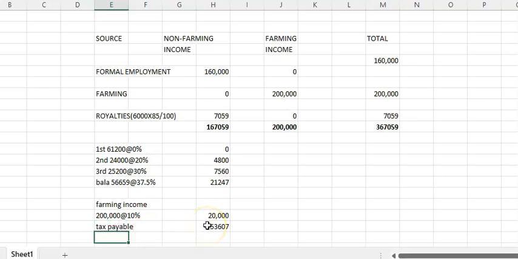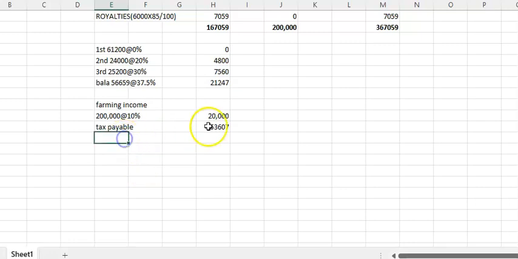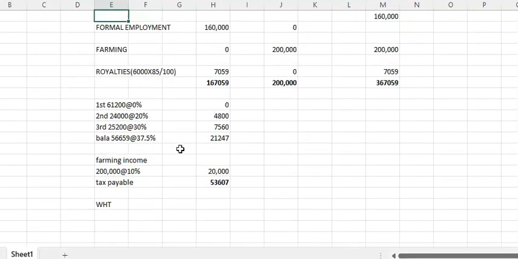Now from the tax payable, we need to be able to remove the tax already paid at source. We need to remove the tax paid at source, which we call our WHT, withholding tax. We already computed our withholding tax here, 7,059. So that's the amount we are going to less here.